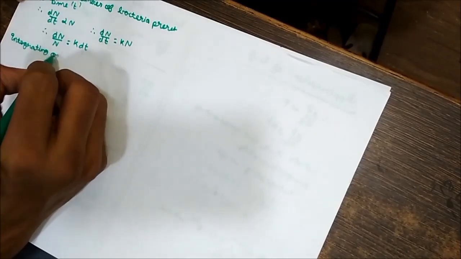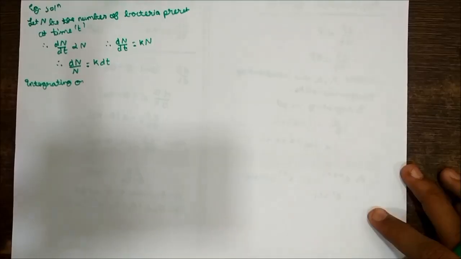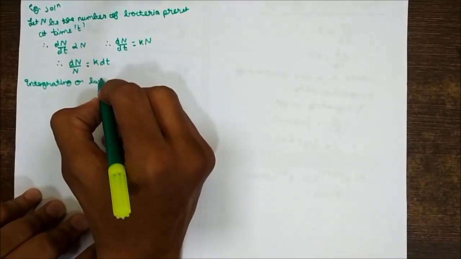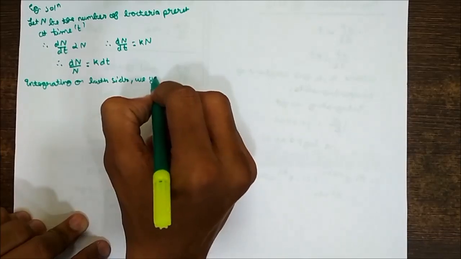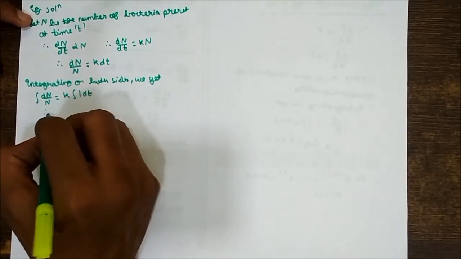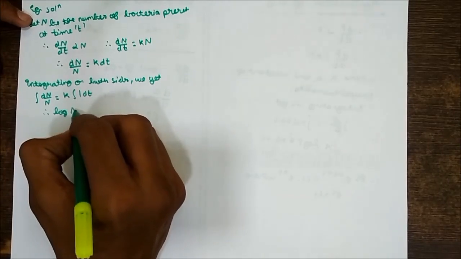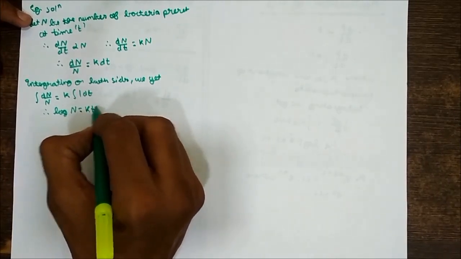Integrating on both sides, we get integration of dn upon n is equal to k integration of 1 dt. Therefore, log of n is equal to kt plus c.